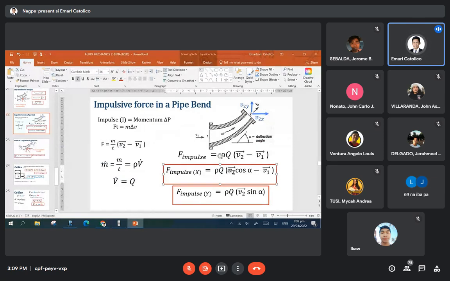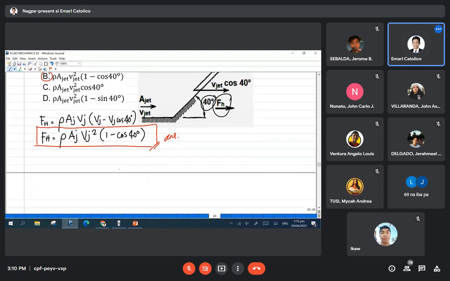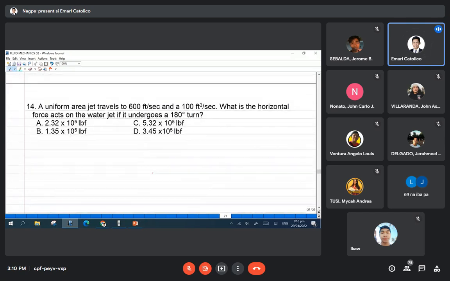Since velocity ng jet yung hinahanap, so yung V2 mo is equals to V1. Okay. Then, labas natin si VJ. Density times area ng jet, velocity ng jet squared, 1 minus cosine 40 degree. So, letter, and number 13.